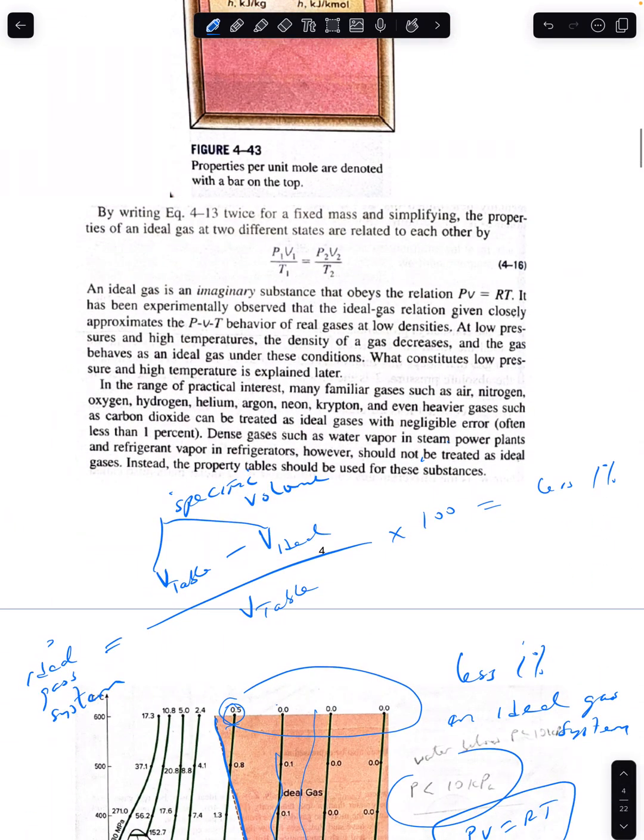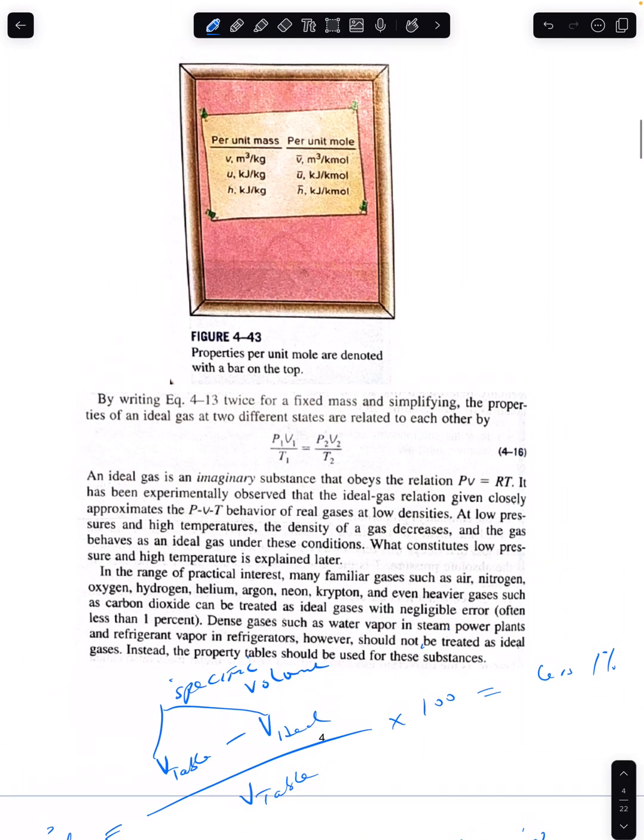So now, when I have two systems that are kept fixed and they satisfy the ideal gas equation, I have point 1 and point 2, a tank and a tank. I have P1, V1, T1, and P2, V2, and T2.